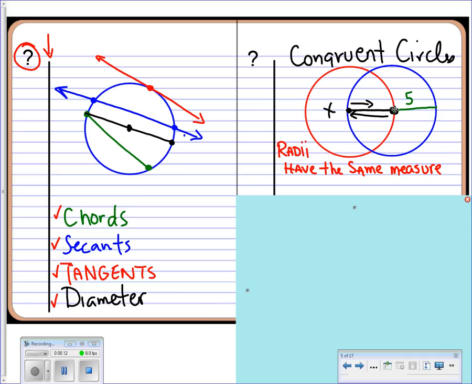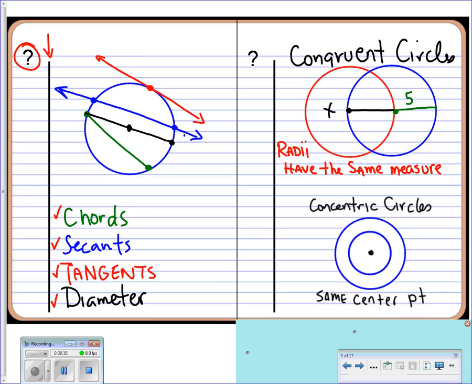So the two radii are identical and the same measure. When that happens, we know that two circles are congruent. Now, they don't have to overlap like this. One could be over on the left-hand side 5 feet away. It doesn't matter. If they have the same radii, same measurement of the radii, then they will be equal and congruent to each other. Two concentric circles have the same center point.